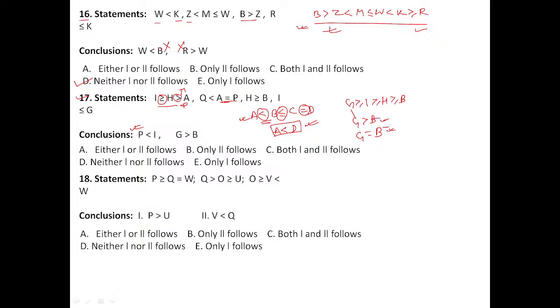Both are correct, but they are not correct individually. Suppose I take some numbers as an example: 7 greater than or equal to 7, 5 greater than or equal to 3.